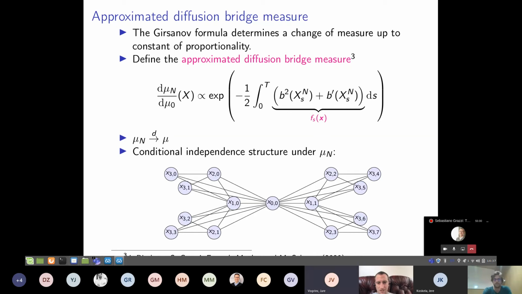Yuri has two questions. Hi. So, nice talk, thanks for the talk. First of all, I would expect that this works really well when your target measure is close to a Gaussian in some sense, when it looks like a Gaussian, right?